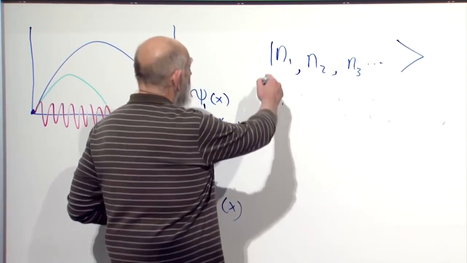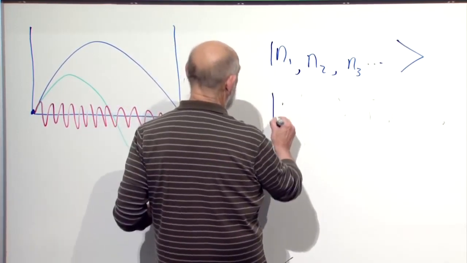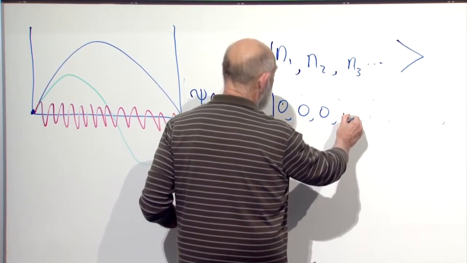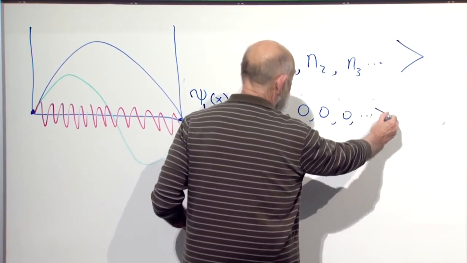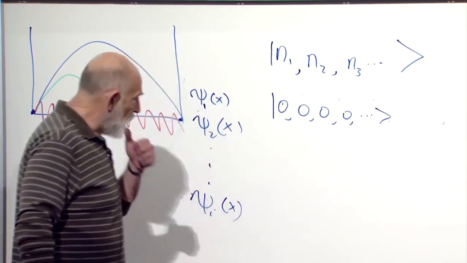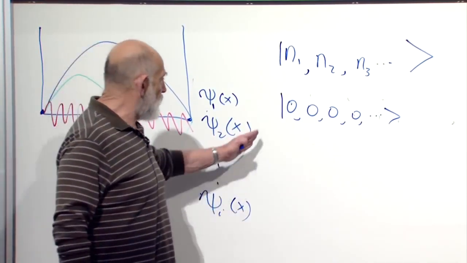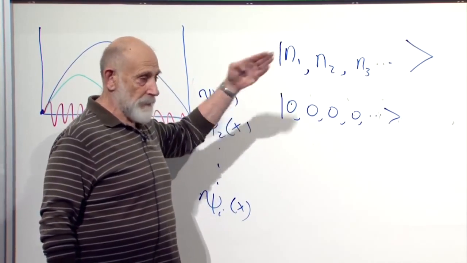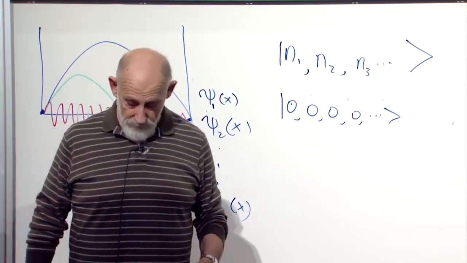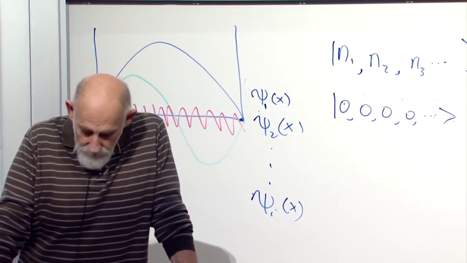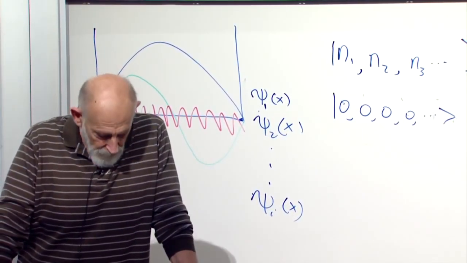But the vacuum is simply the state with zero occupation number in every state. It has the property that all the occupation numbers are zero, and any one of the A minuses gives zero when it acts. So the ground state is unoccupied as well. The ground state is unoccupied.